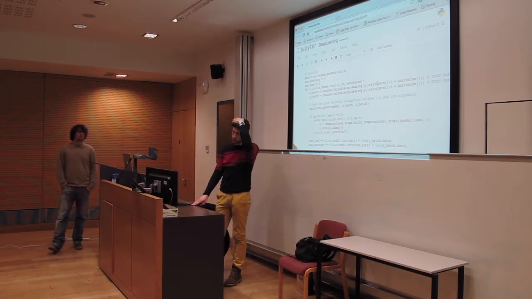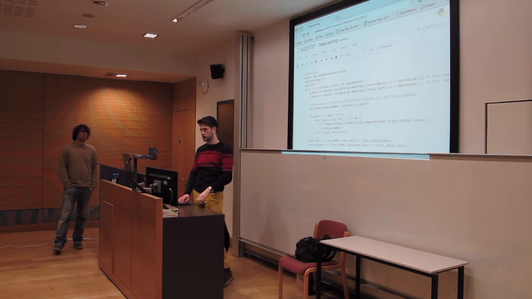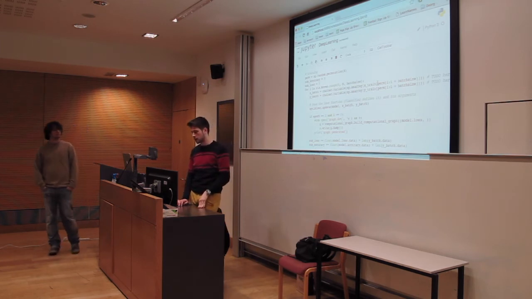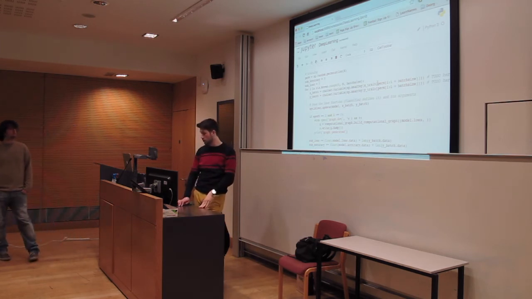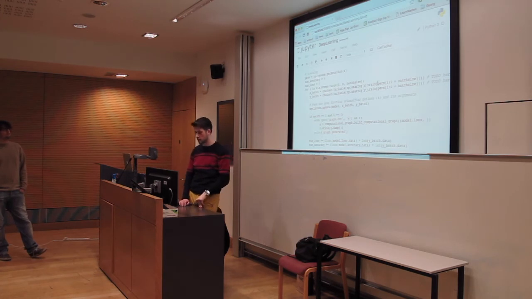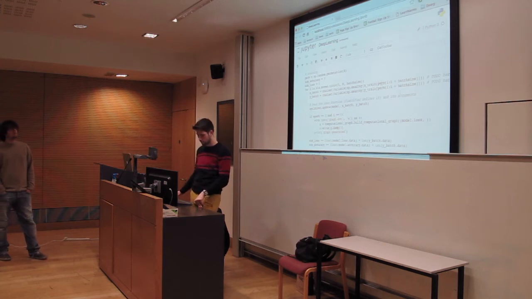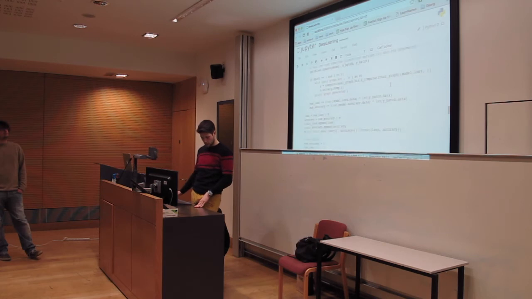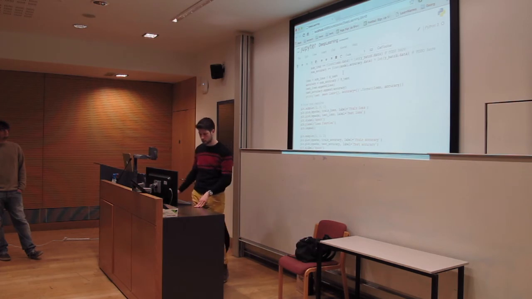But what turns out to be a good idea is to permute the data set so that your model is not biased towards any of the data points. So here you do the permutation for the mini batches. Here you just average the loss and accuracy.